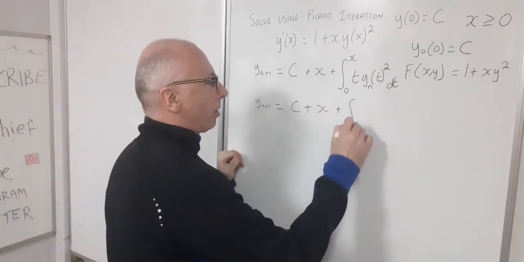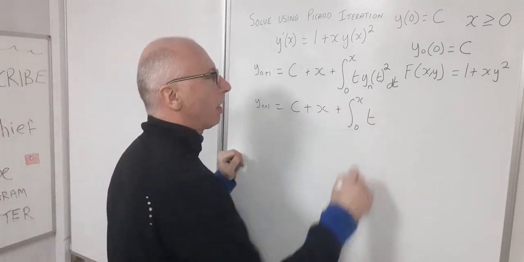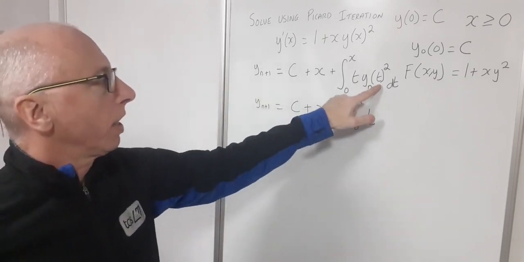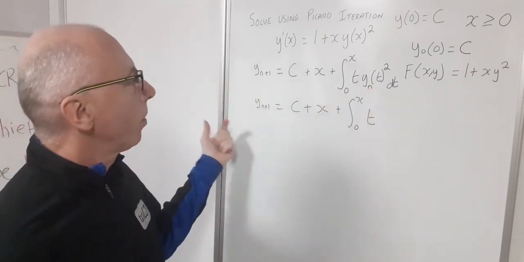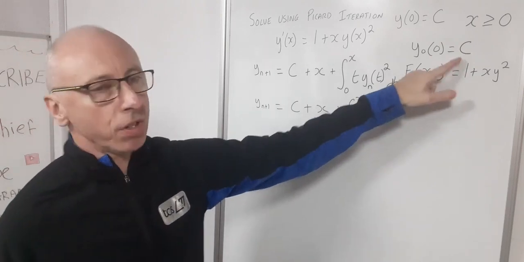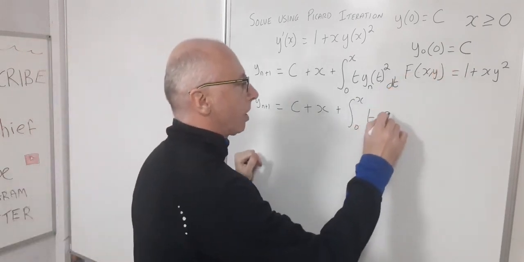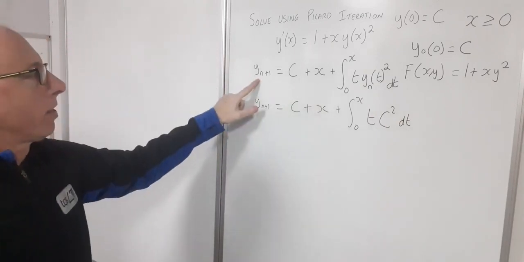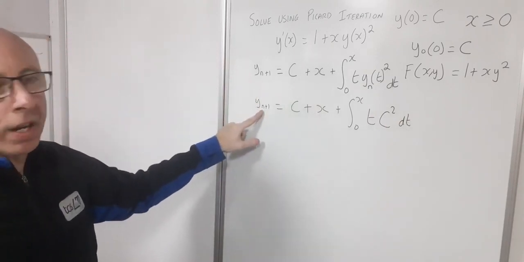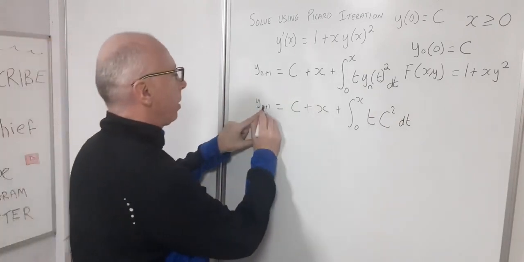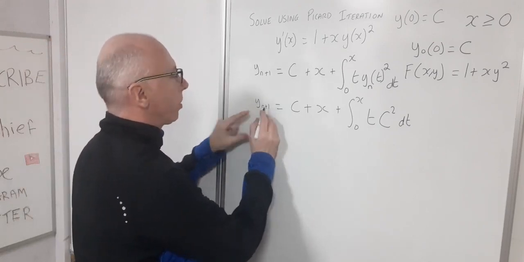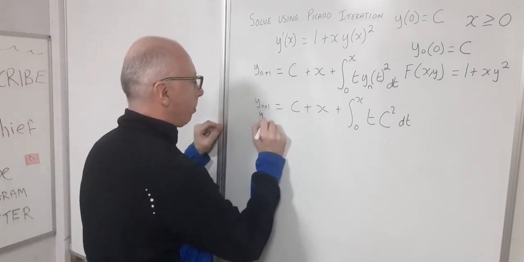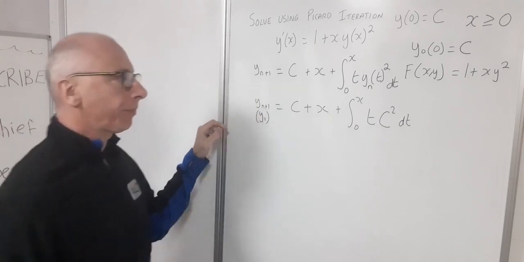And then the integral from 0 to x of t times yn of t. So n is 0, here we're looking for the first one. So now we've got c squared, t times c squared dt. Okay, so here we're looking for y of 1. So here n is 0, plus 1, so that's y of 1.